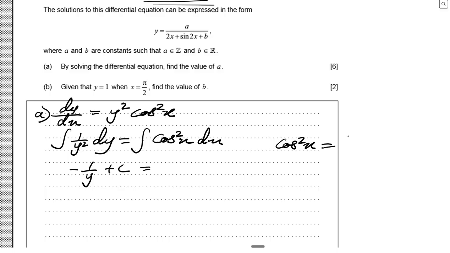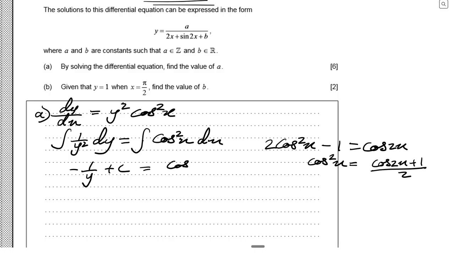And so again, this is after a lot of practice, you understand that 2 cos square x minus 1 is equal to cos 2x, right? So cos square x is equal to cos 2x plus 1 over 2.